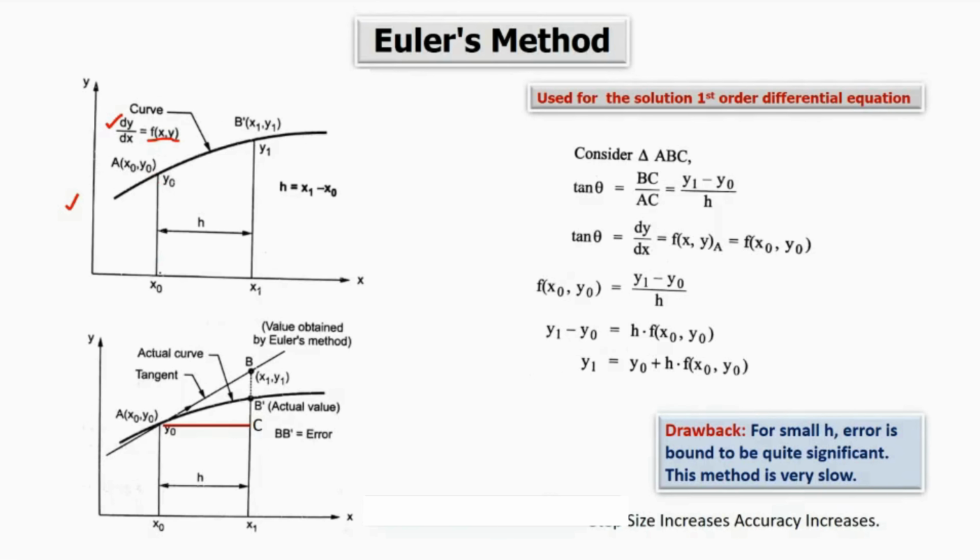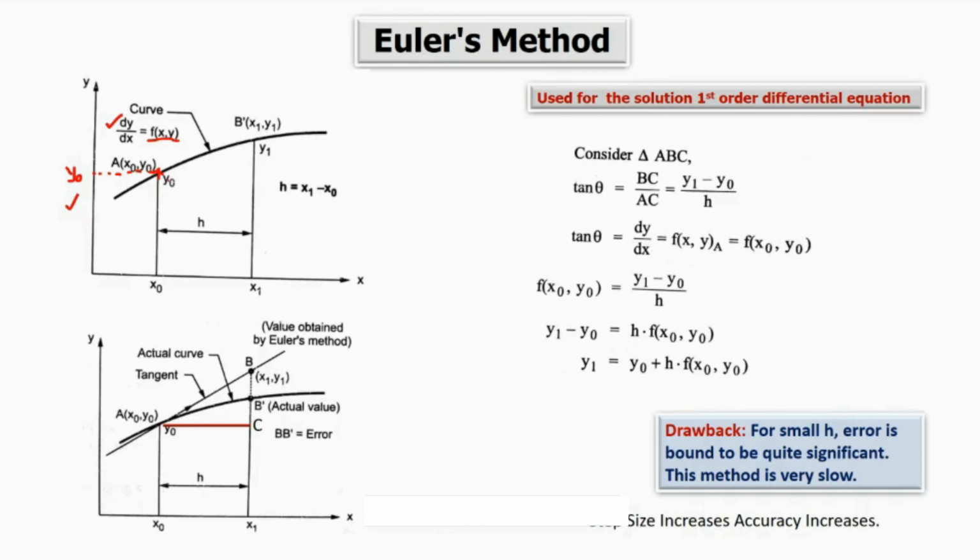Now here, you know the x0 value. So you draw a vertical line from the x0 point. It will intersect this curve somewhere. From that point, you draw a horizontal line, so you will get the y0 value.